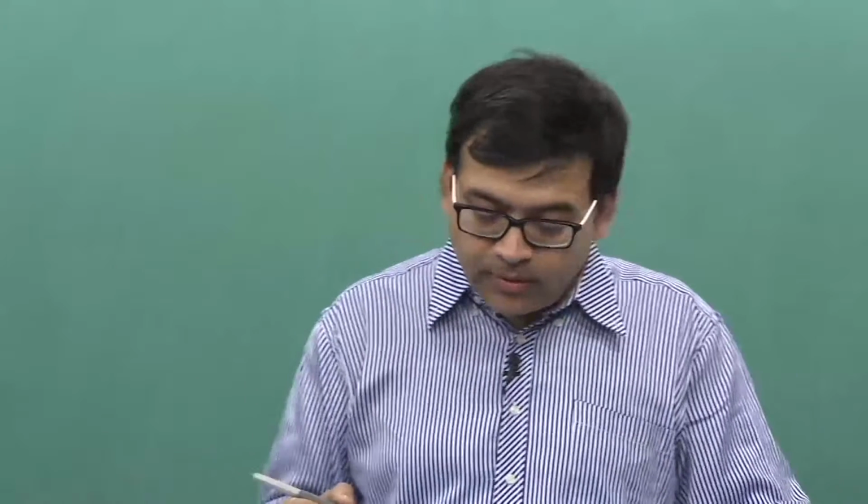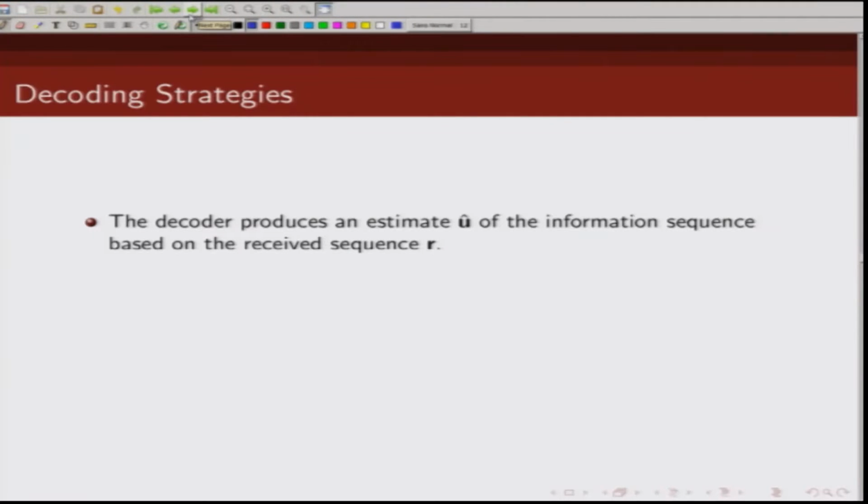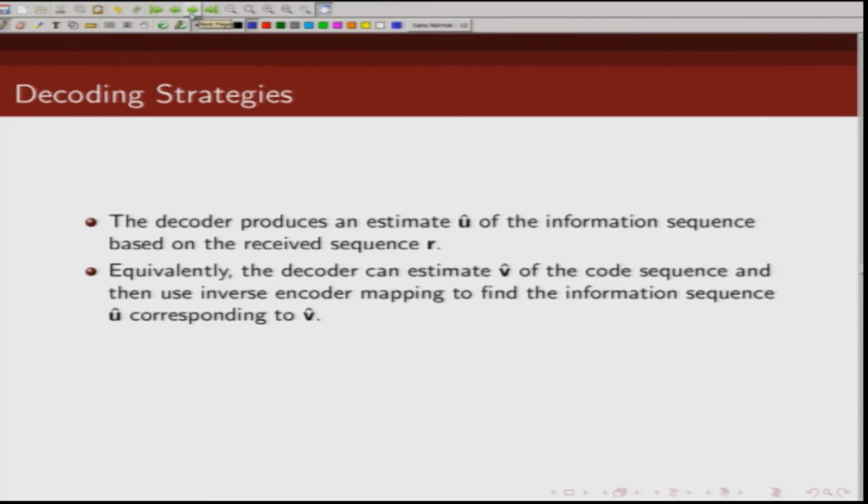Now, we can say this estimation of the information sequence is equivalent to estimating the code sequence, because there is a one-to-one mapping from a particular code word to the information sequence.